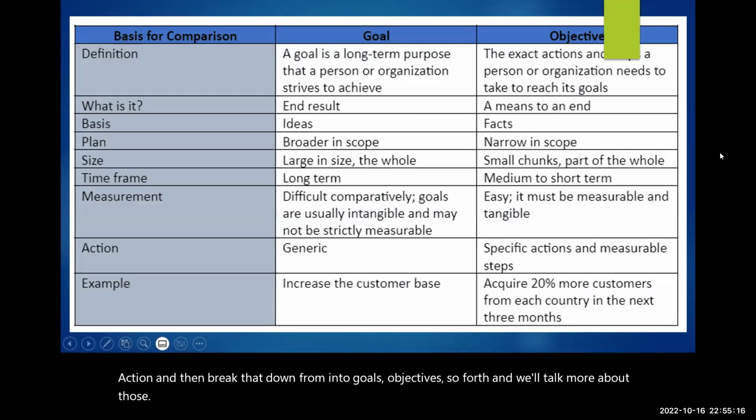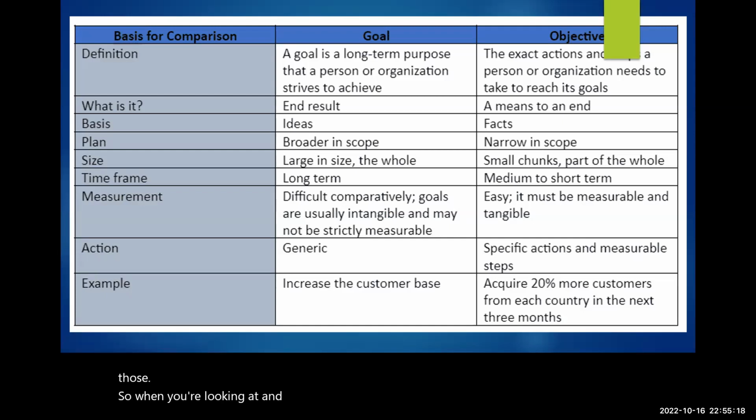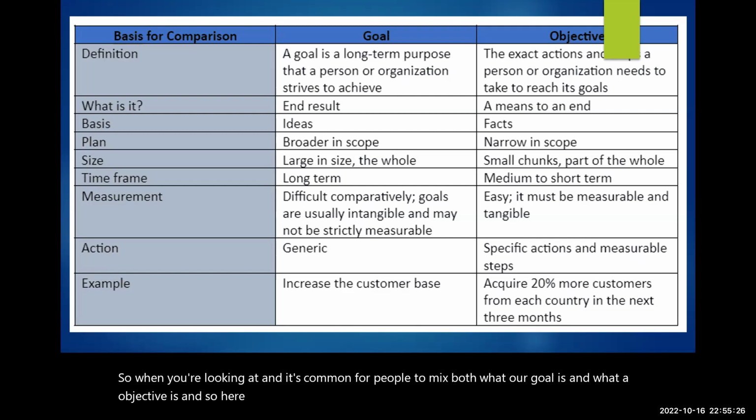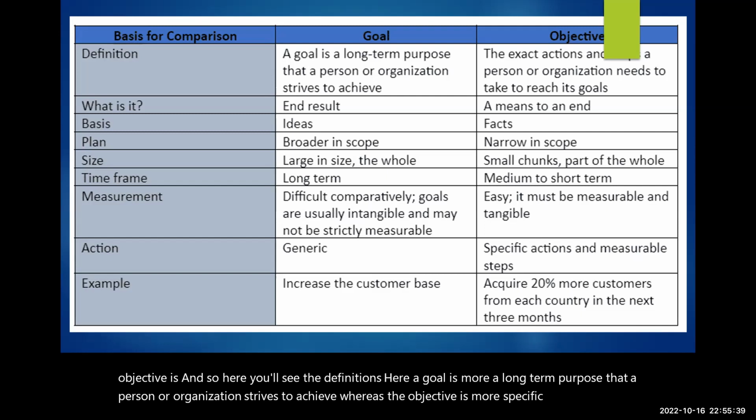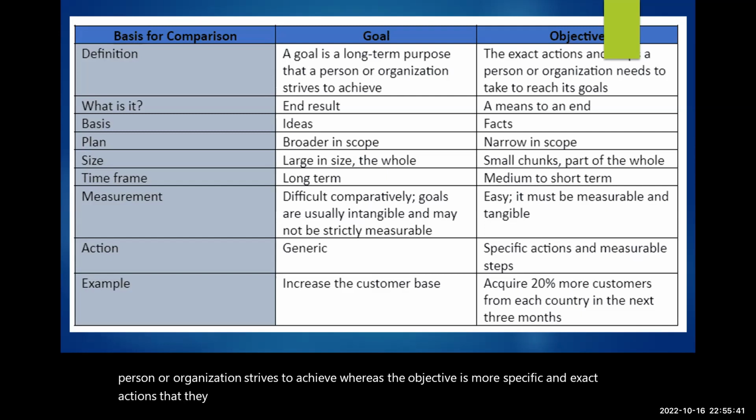It's common for people to mix up what a goal is and what an objective is. Here you'll see the definitions. A goal is more a long-term purpose that a person or organization strives to achieve, whereas the objective is more specific and exact actions that they need to take to reach the goals.